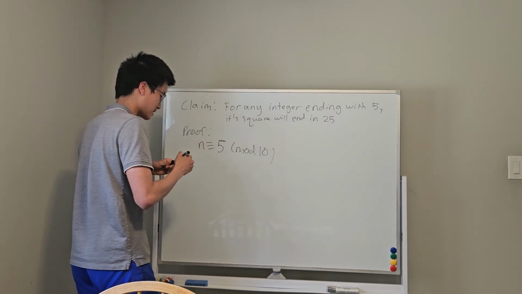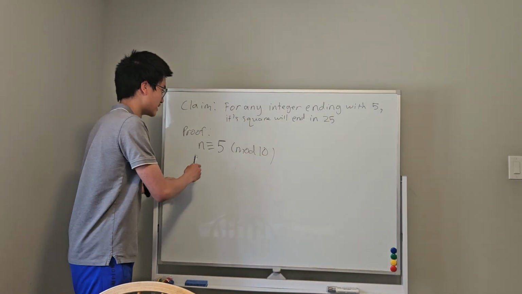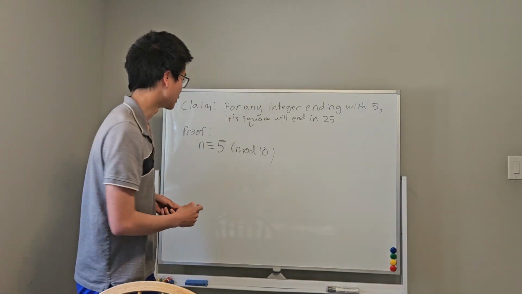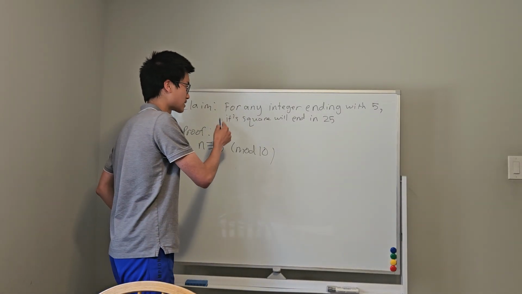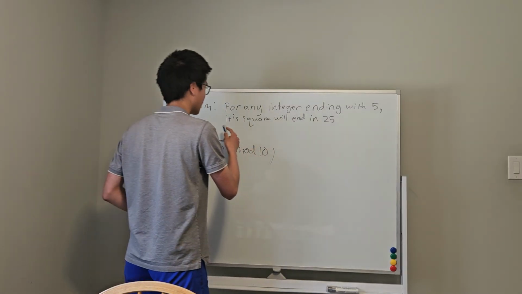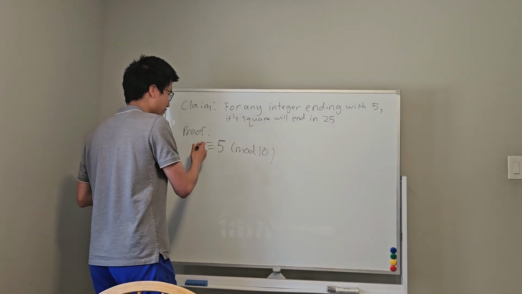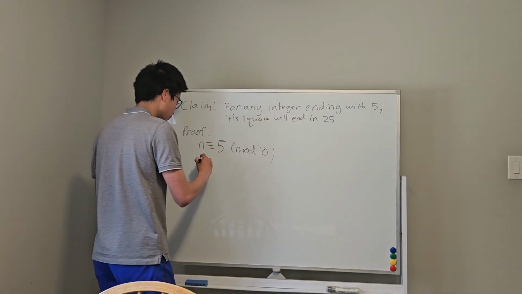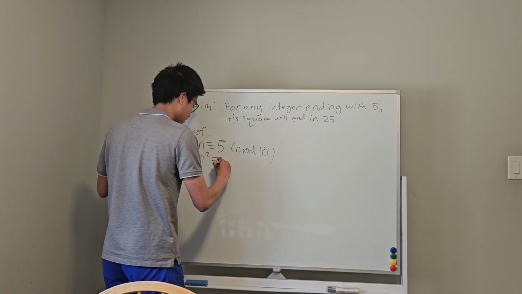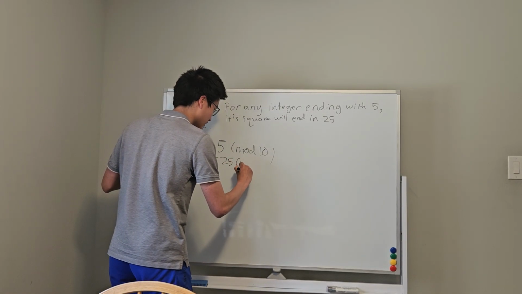Another way to explain this is that if you divide the number n by 10, your remainder is 5. And we want to prove that if n is congruent to 5 mod 10, then n squared is congruent to 25 mod 100.